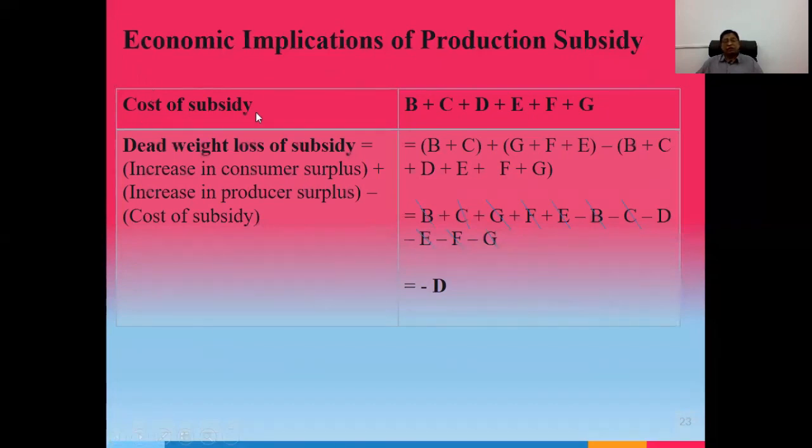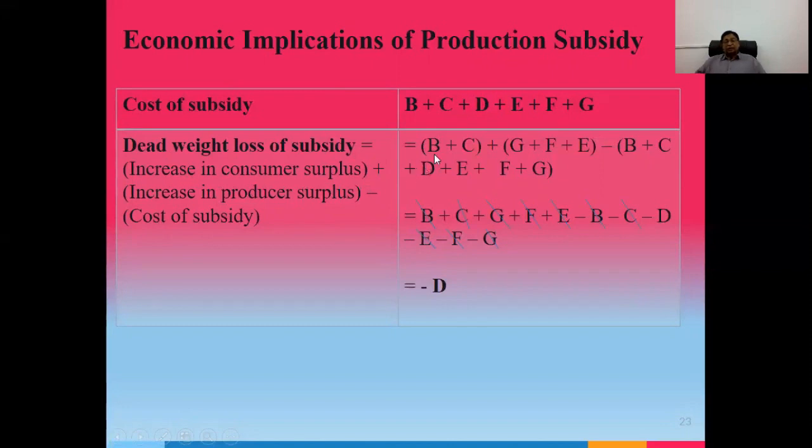Then cost of subsidy, that is incurred by the government, is given by the area of B, C, D, E, F, G. Then deadweight loss of subsidy is again measured by reducing the cost of subsidy by the increase in consumer surplus and the increase in producer surplus.